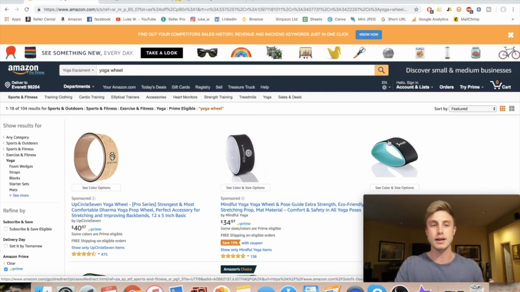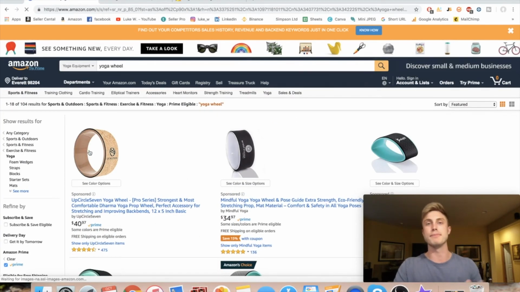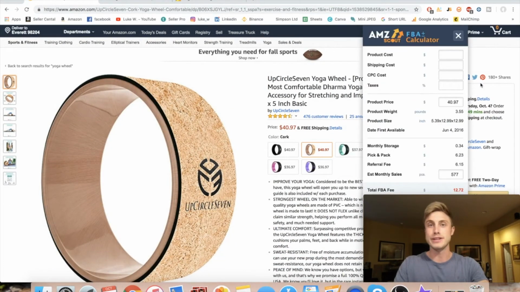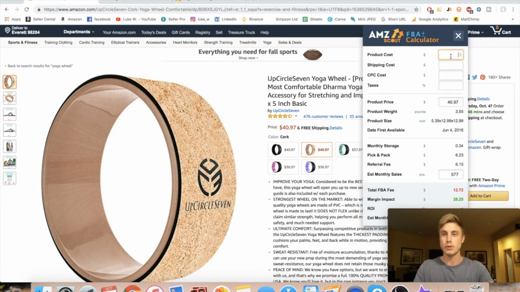But if we come back here one more time, I have one little extension bonus I want to show you. You can click into a listing, and now that we've seen the product price in Alibaba, we can actually find the profit margin for this product right away. So we're going to go here in the FBA fee calculator by AMZ Scout and just type in, we'll just say we can get it with shipping in Amazon for about $15.